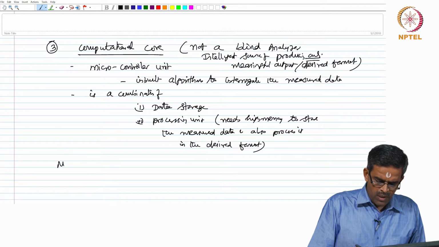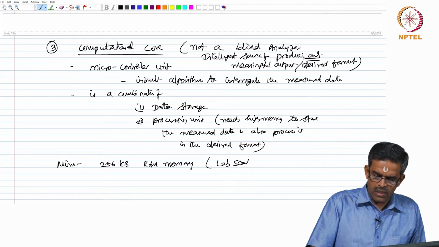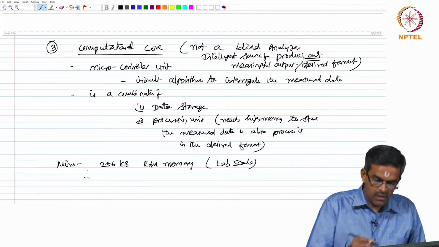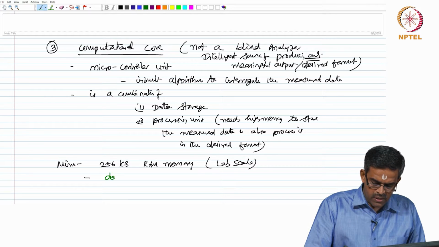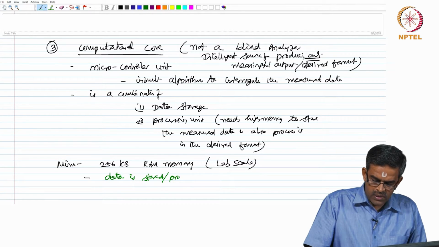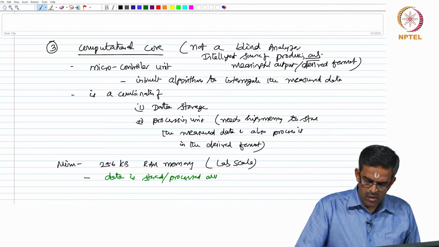The minimum requirement of the system could be 256 KB RAM. We are talking about the lab scale, gentlemen, so do not get confused with real time analysis. The idea here is that data is stored and processed only on a temporary basis.